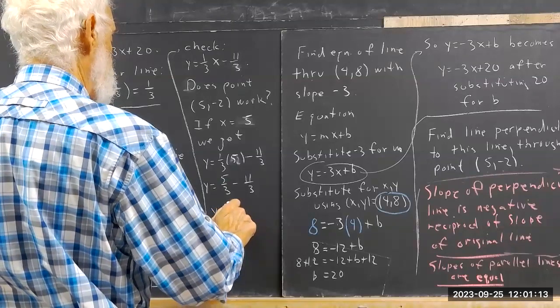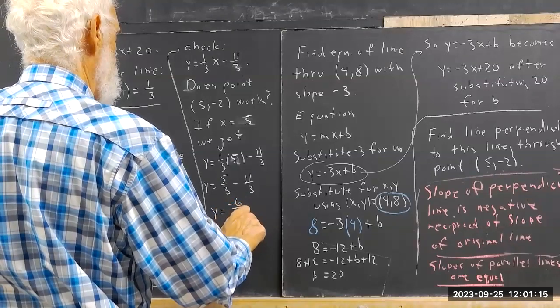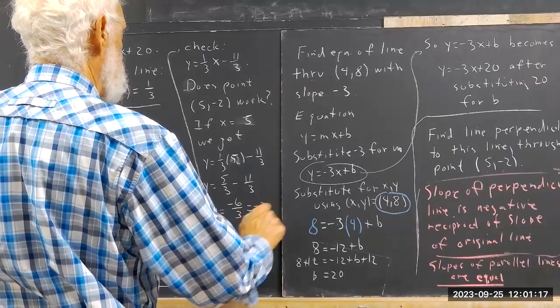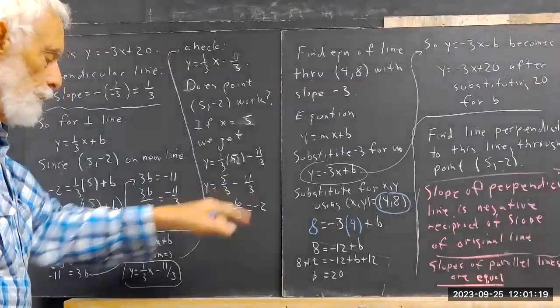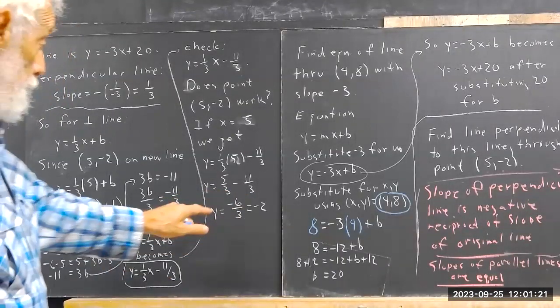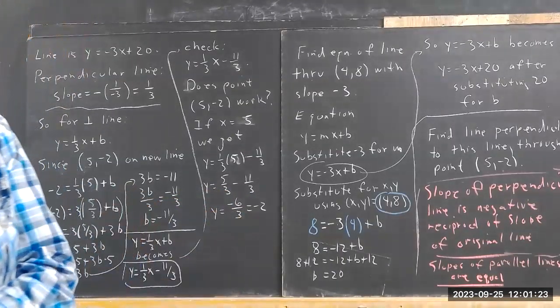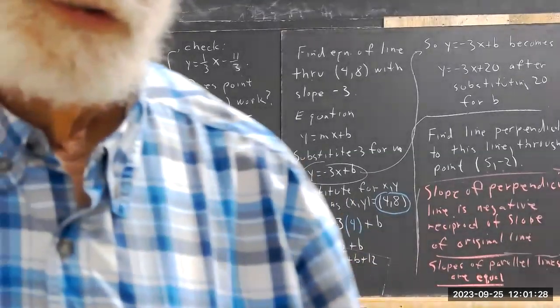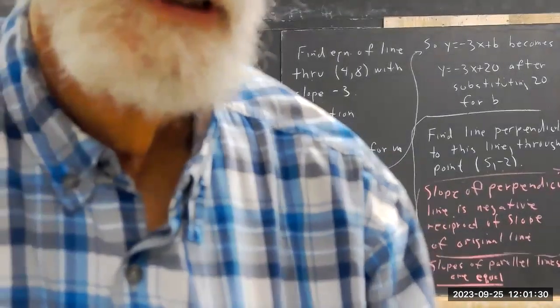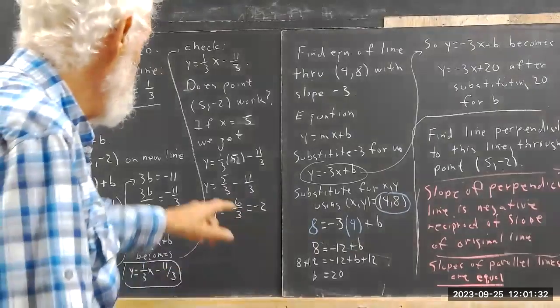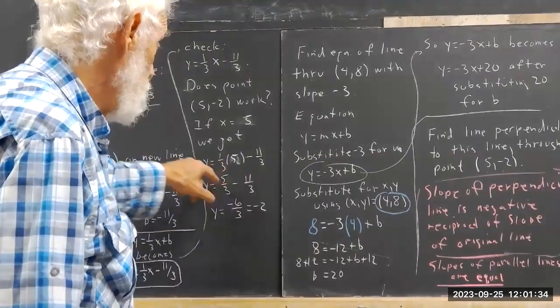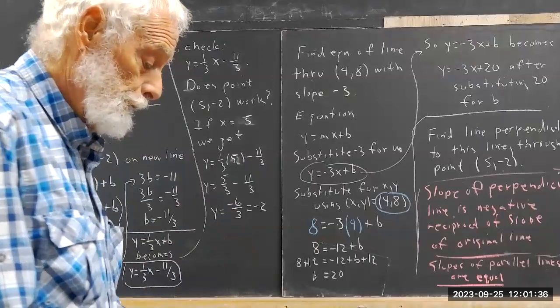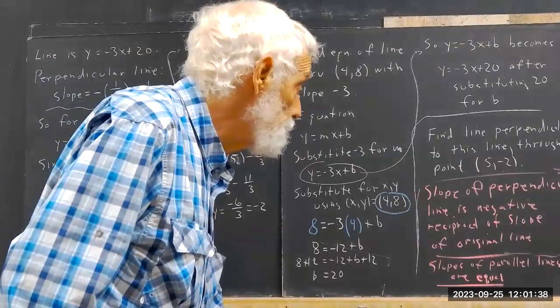So y is -6/3, which is -2. Of course, you've got to do the fraction calculation correctly, but I'm not going to go back and explain that. If you're not clear why you get -6/3, review the addition of fractions. You've got the same denominator. You can just add the numerators. 5 and -11 gives you -6. Okay.